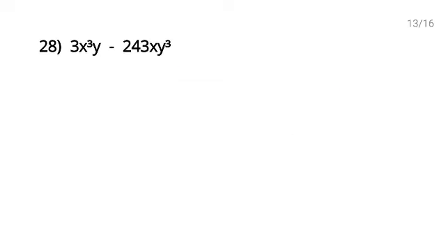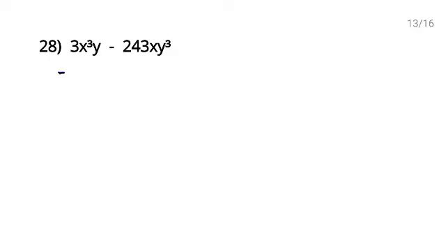This is your answer. Next question 28. First of all students, this is 3, which cannot be written in the form of squares क्योंकि 3 तो किसी का स्क्वायर होता ही नहीं है, right? X cube power is 3, so this cannot be written in the form of squares. Y again the power is 1, so we cannot write it in the form of squares. तो हम कुछ कॉमन लेने का ट्राई करते हैं, right?